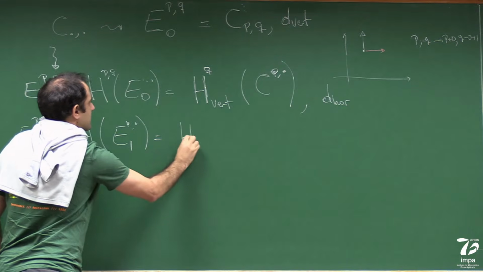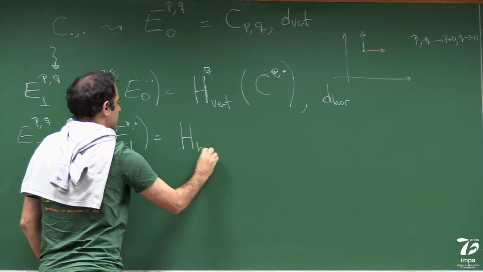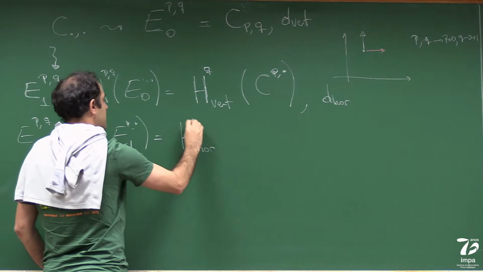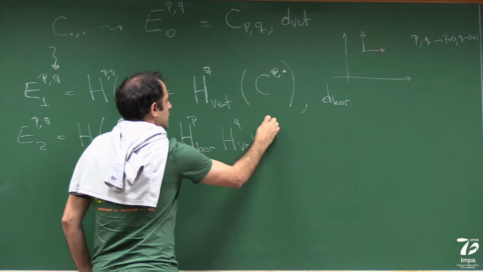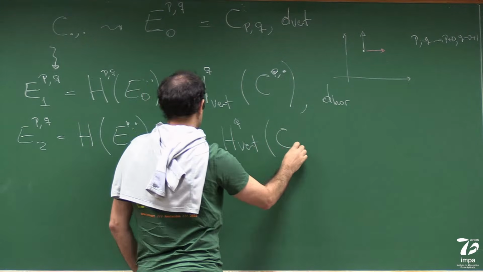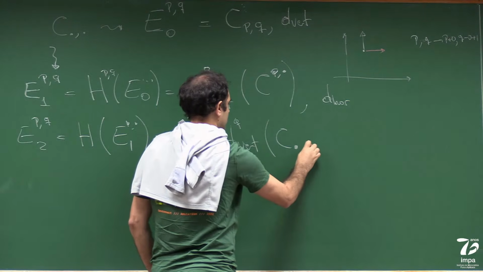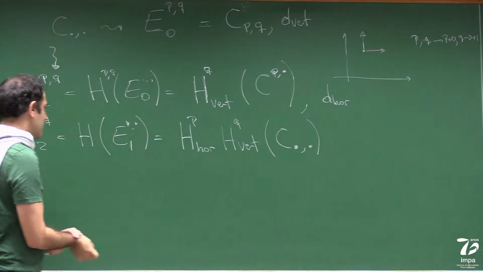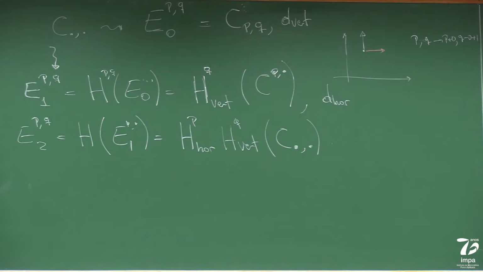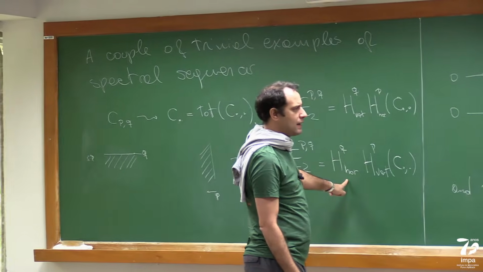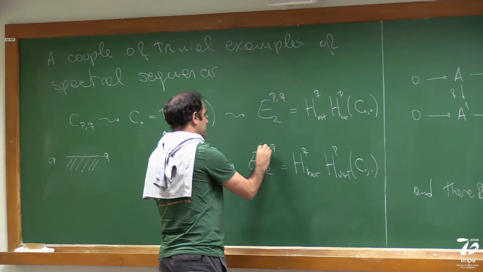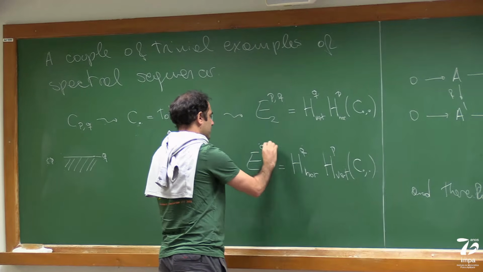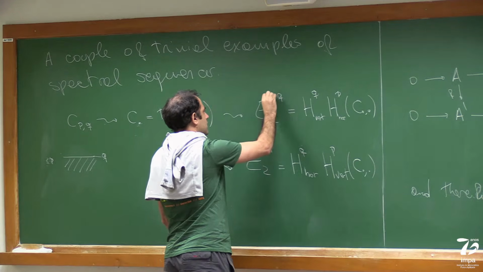So this is the horizontal homology in degree P of the vertical homology in degree Q of this double complex. So that was how we've gotten this spectral sequence. This one. I think I've screwed up P and Q, so change these two names to P and Q. And the same is going to happen here.